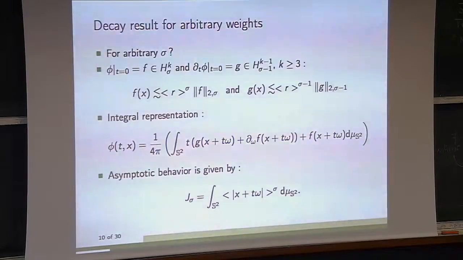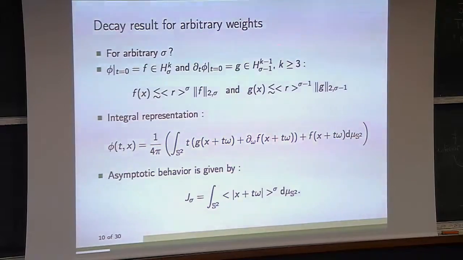Okay, so now what can we say about arbitrary weight? The purpose here is to construct potentials. So I won't be subtle about it; all I'm interested in is the decay result. Okay, this method works. That's the only thing that matters here. So for arbitrary weight, you take initial data which are in this space.